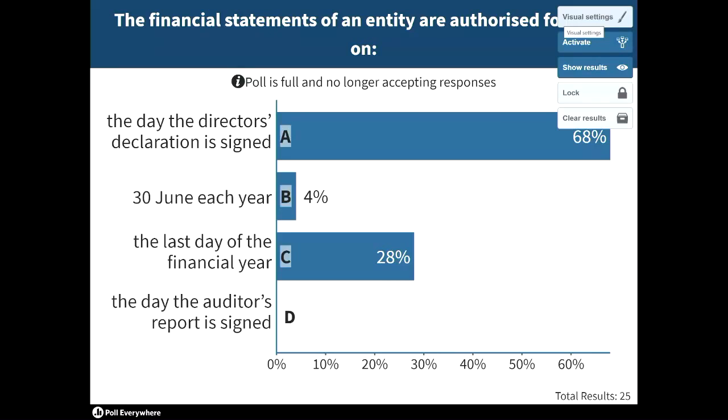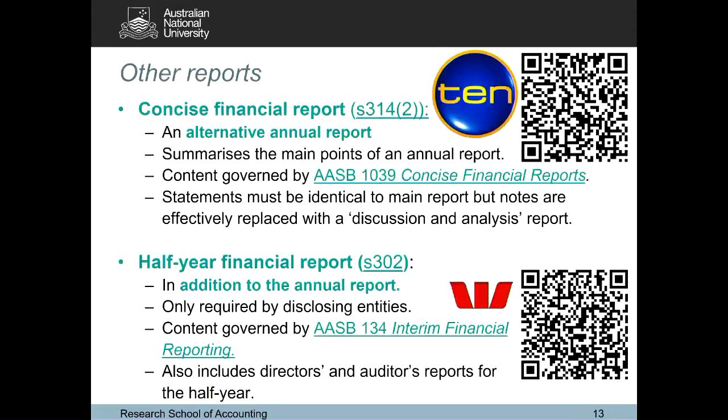But that's not the day for the statement to be issued. The day to be issued is only when the directors declare their accountability, or their duties, regarding the financial reports. Other than what we have discussed, there could be other reports, like the concise financial report or the half-year financial reports.